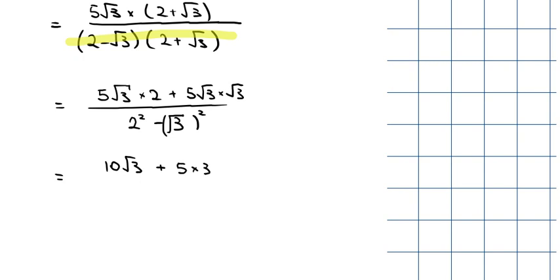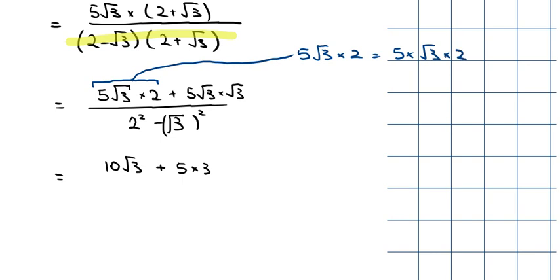Let's have a think about this a little bit further, just in case you're a bit confused about what happened there. That is basically 5 square root of 3 times 2, which is 5 times square root of 3 times 2, which gives me 10 times square root of 3, which gives me 10 root 3.